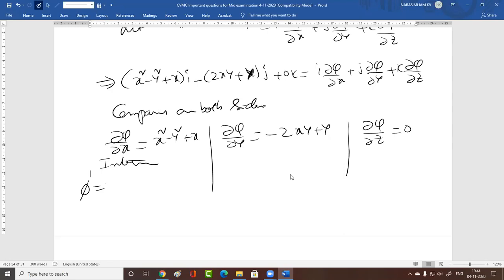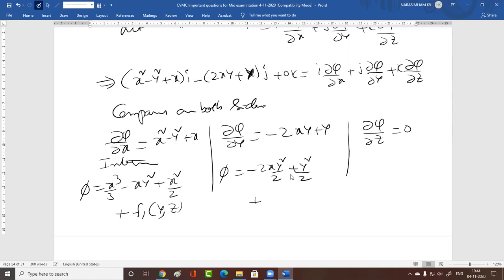x cubed by 3 minus xy square plus x square by 2 plus some constant. Here y and z are treated as constant, so I will take some function of yz. Integrating with respect to y, phi equals minus 2xy square by 2 plus y square by 2 plus some integral constant.